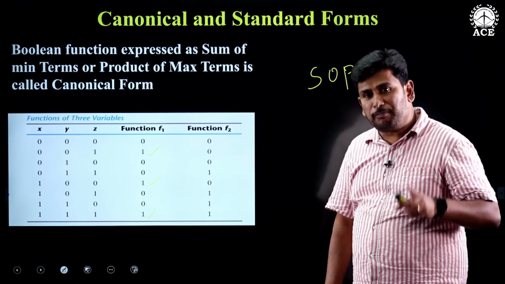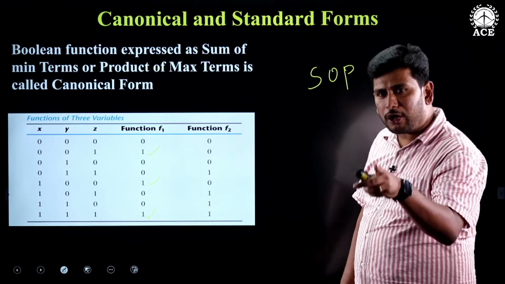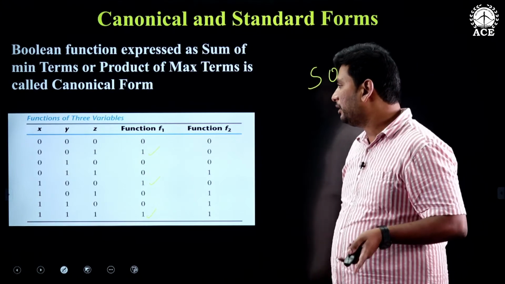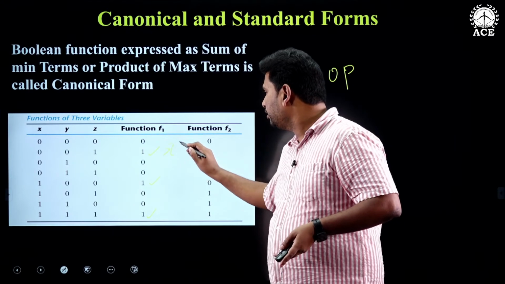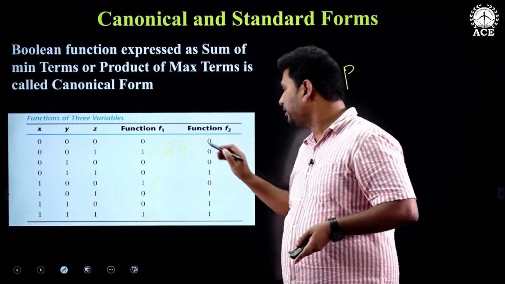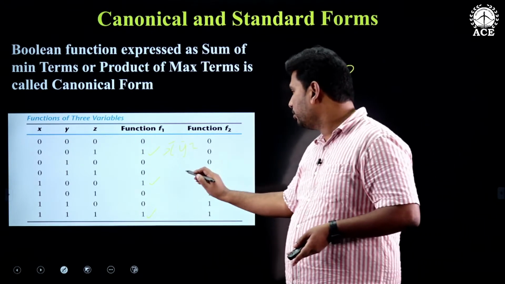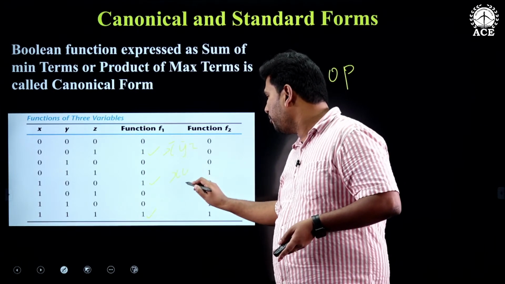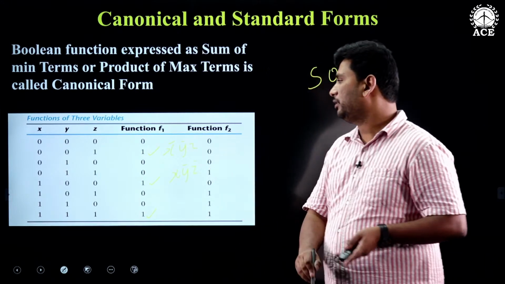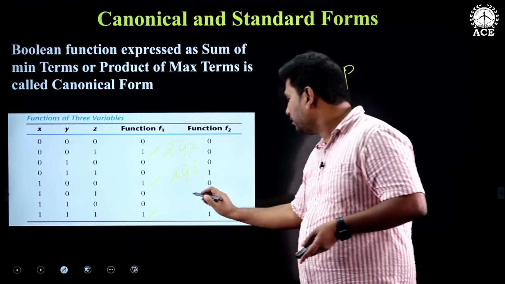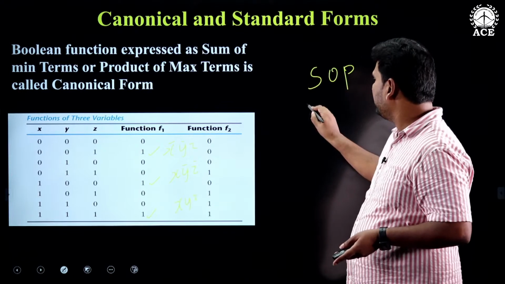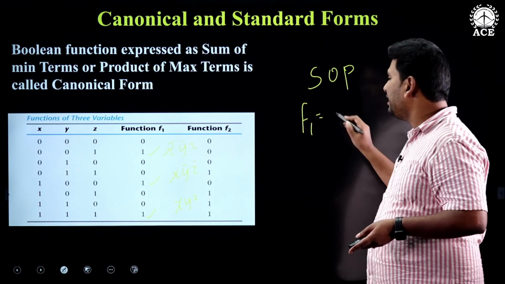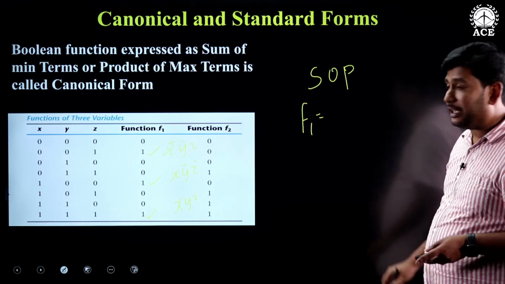So in your SOP, 1 indicates normal, 0 indicates complement. So 0, 0, 1 is nothing but x complement, y complement, z. 1, 0, 0 is x, y complement, z complement, and next 1, 1, 1 is x, y, z. So my function f is a sum of products.